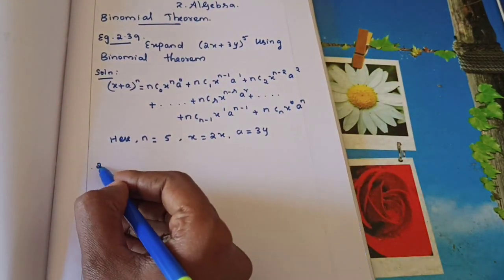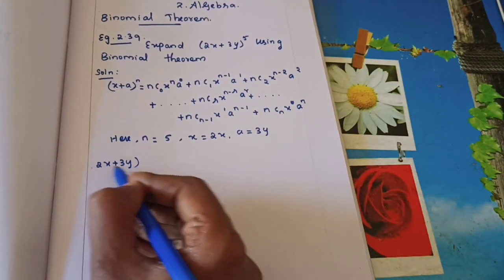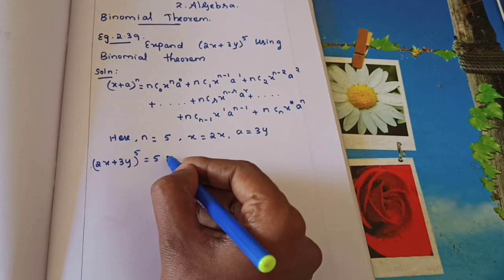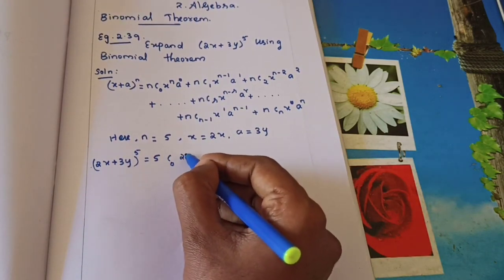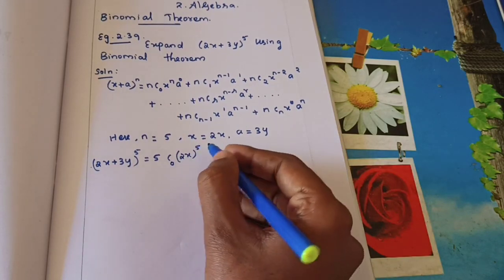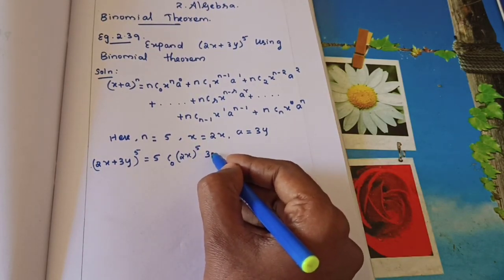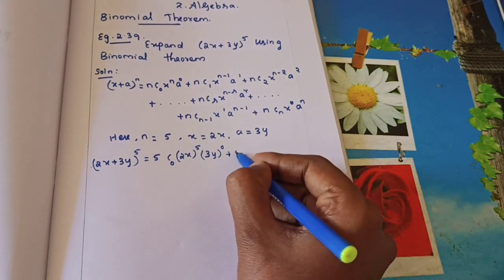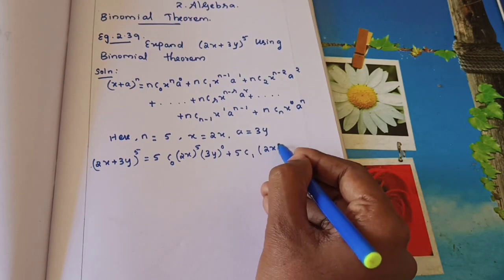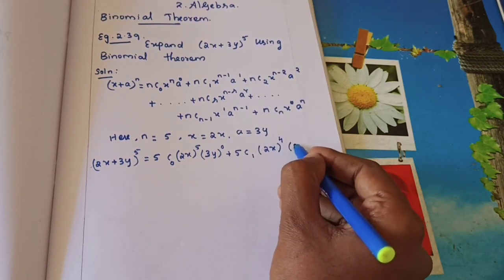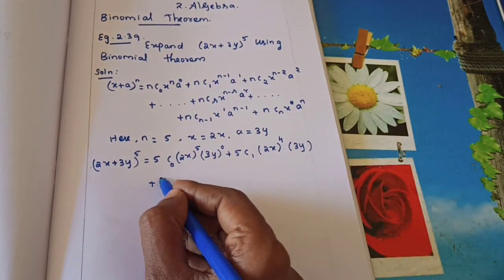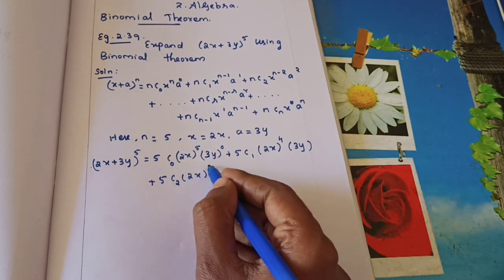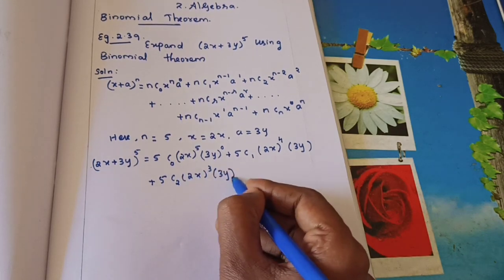So (2x plus 3y) the whole power 5 is equal to, just substitute here: 5C0, (2x) power 5, (3y) the whole power 0. Then next term 5C1, (2x) power 4, (3y). Next term plus 5C2, (2x) power 3, (3y) square.